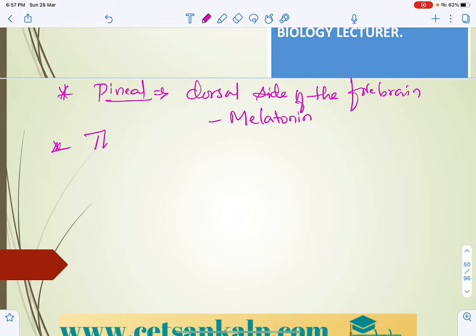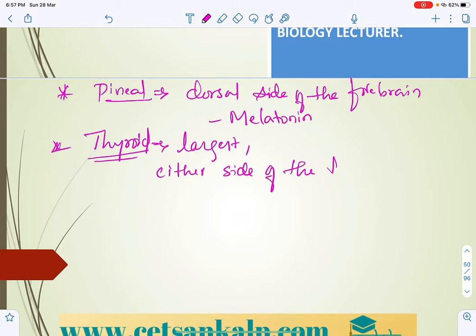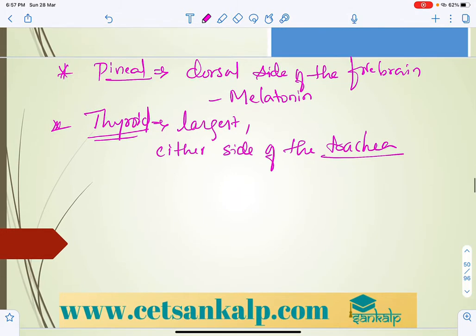And the thyroid gland is the largest gland in the body, located on either side of the trachea. If we consider this, it is a structure which will be like this, right?